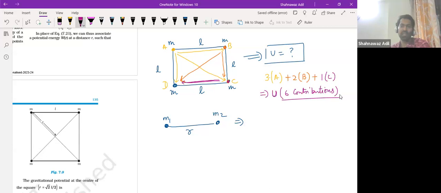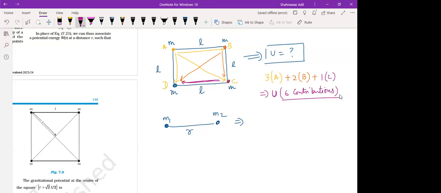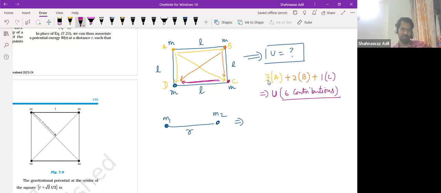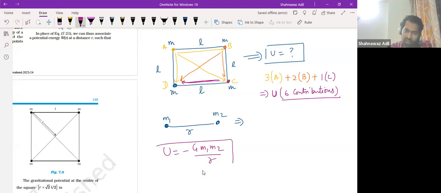Is this part clear? Yes, sir. Okay, so you guys note it down and then we'll discuss this question in the next class. The only thing remaining is that we have to use this one: U is minus GM1M2 divided by R. So for all these M1 and M2, we have to write the 3, 2, and 1, 6 contributions. Please note down this part and we will do this question in the next class.